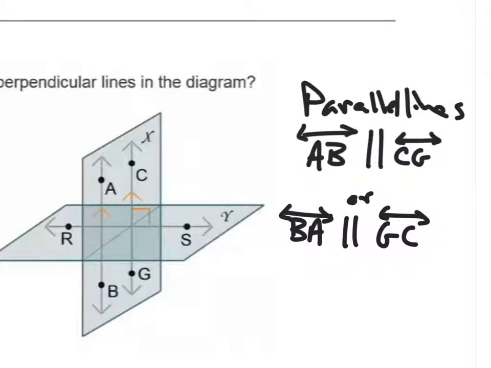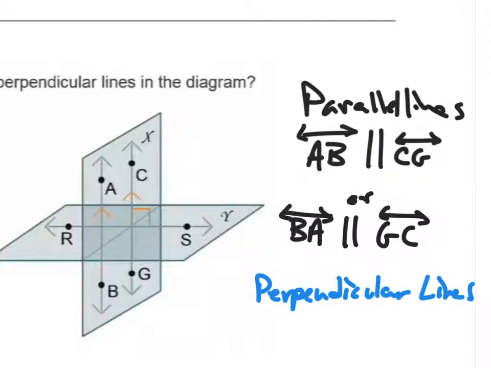Same thing. Now if I'm talking about perpendicular lines, the only one that has this little mark right here is RS and CG.